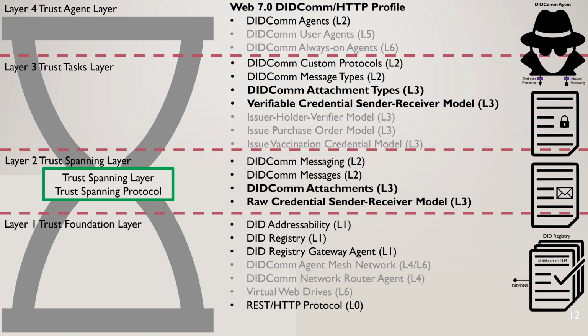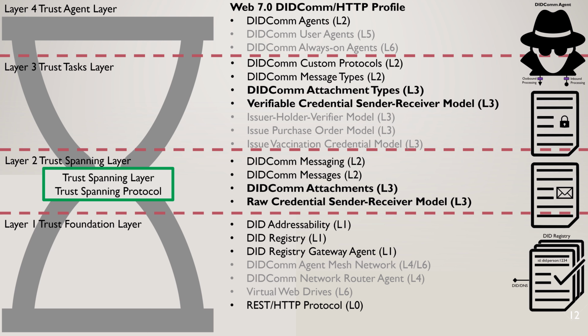If we start looking in layer 2, we can see that to realize the transfer of this verifiable credential purchase order from ABC Grocery over to David's Cabbages, we're using DIDCOMM attachments, and we're also making use of the raw credential sender receiver model.